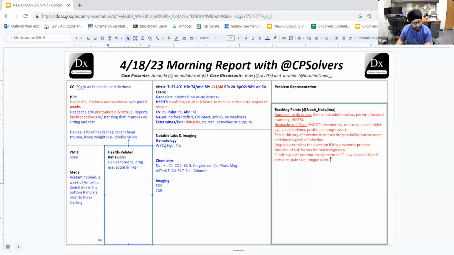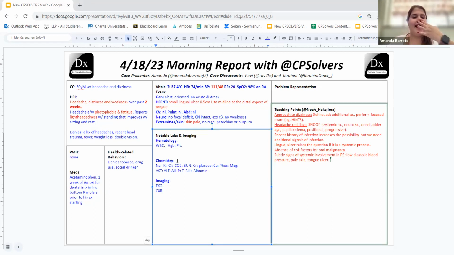So we'll see what the labs show to see if the anemia is the problem. Are we dealing with a bone marrow problem? Are we dealing with a peripheral process like hemolysis, or a loss of blood like hemorrhage? It could be within the body, or it could be outside the body as well. So back to you, Amanda.